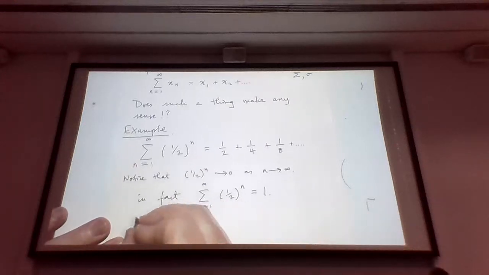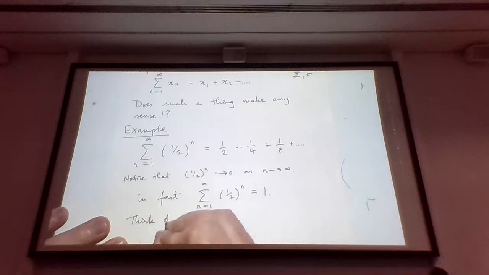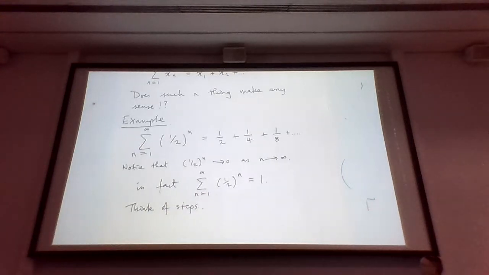So it's not too hard to appreciate that 1 is a good value to attach to that infinite sum. So at least in some cases, it seems fairly compelling that we should attach an outcome to this infinite process.